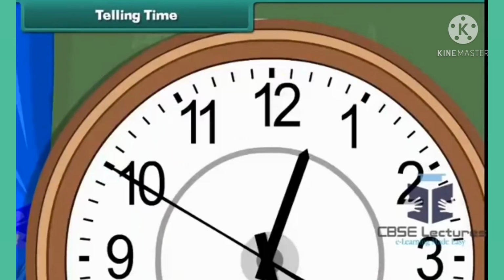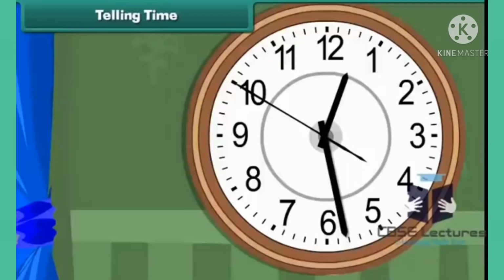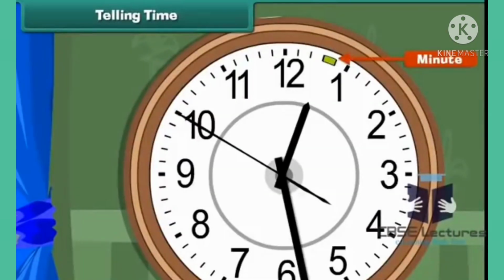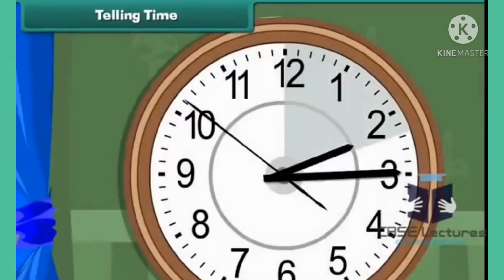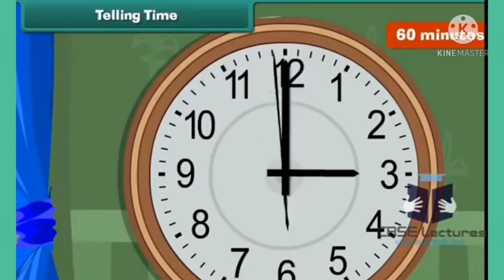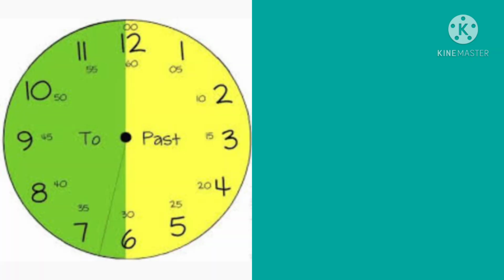Children, we already know that there are 5 small divisions between any two consecutive numbers of the clock. These lines or divisions show the minutes of a clock. It can help us to tell the time to the exact minute. So children, let us see what is past the hour or to the hour.